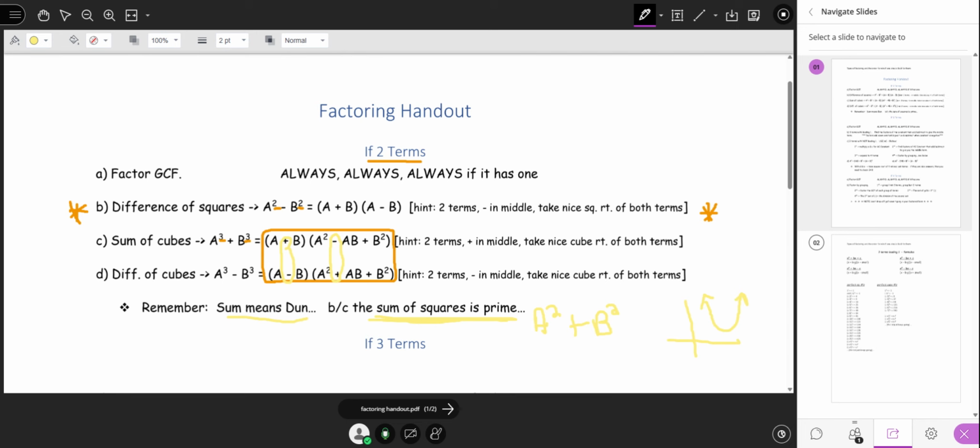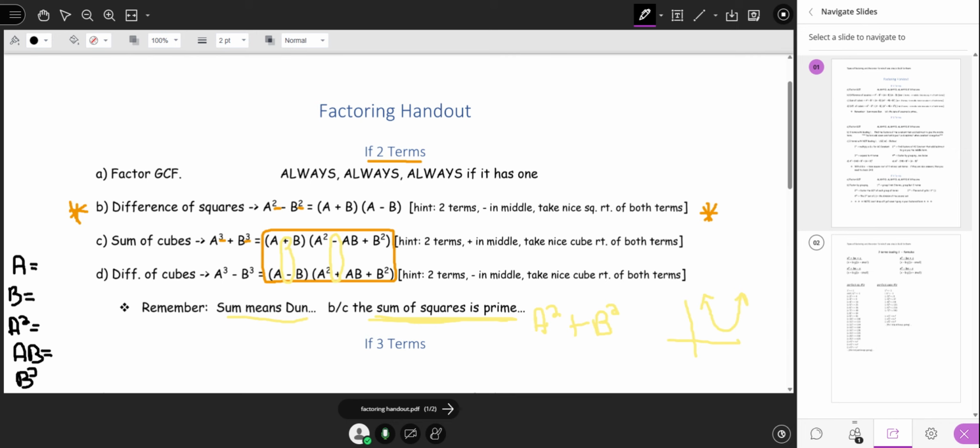Now, with the sum and difference of cubes, something I always want you to do is set up a equals, b equals, a squared equals, ab equals, and b squared equals.